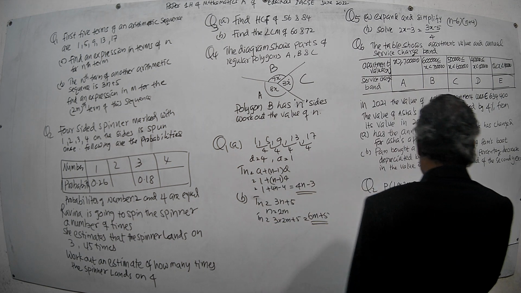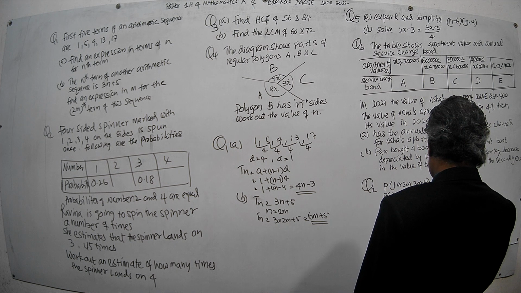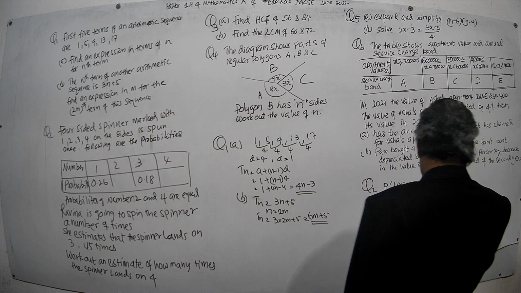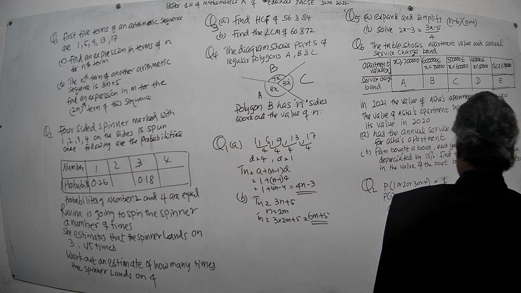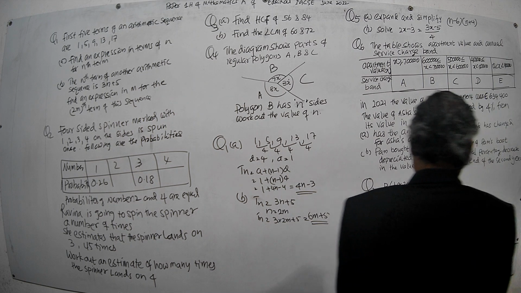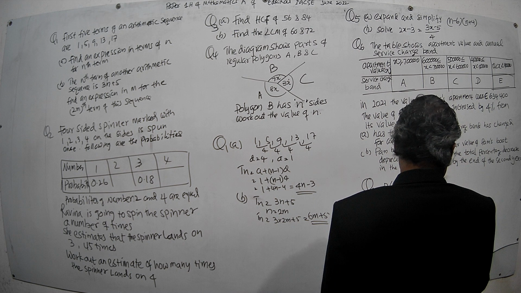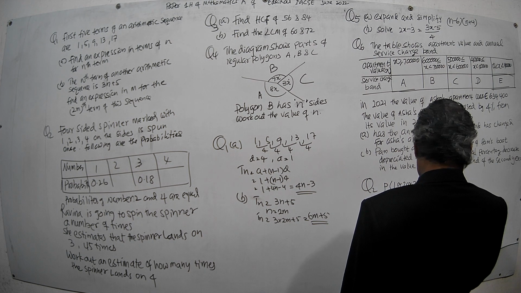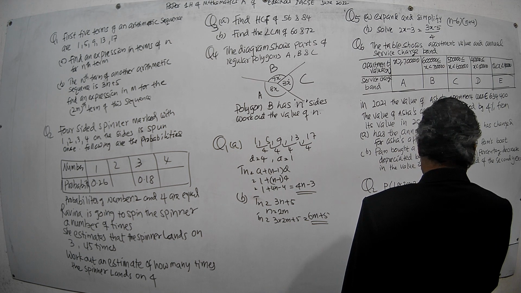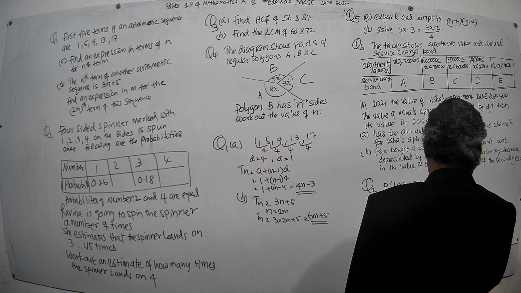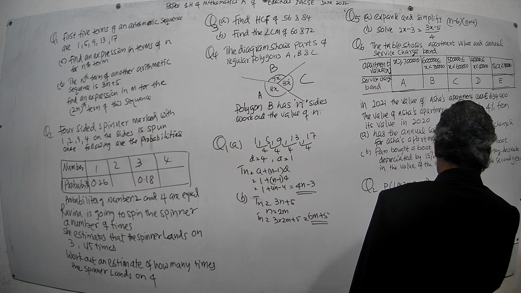Therefore, P2 equals how much? 0.56 divided by 2.